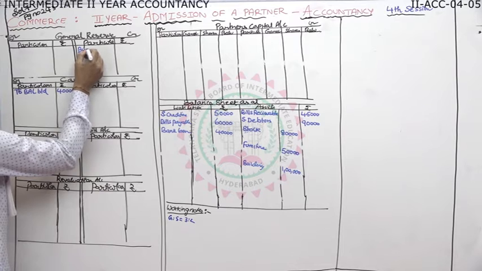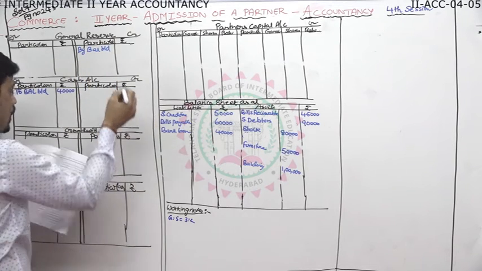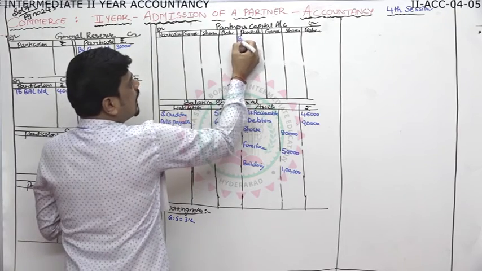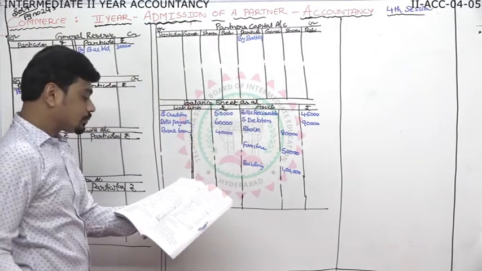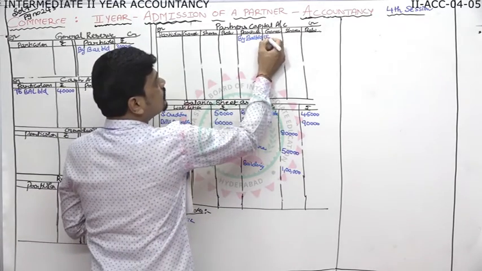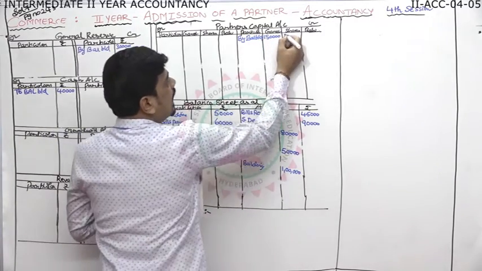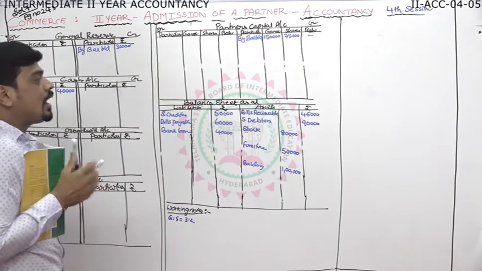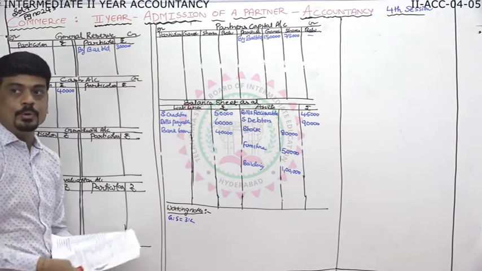In general reserve account, by balance brought down, amount is 30,000. Then partners capital. By balance brought down, Ganesh capital is 1,50,000 and here 75,000. So all our postings are done. Within no time, we will be able to do the postings.